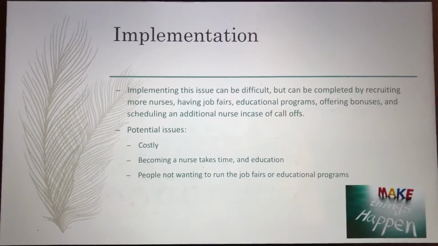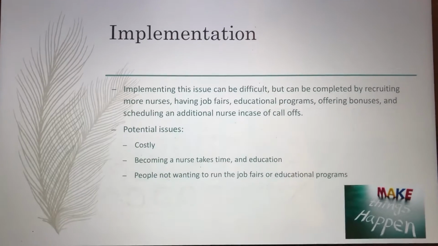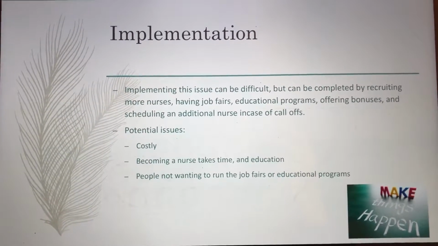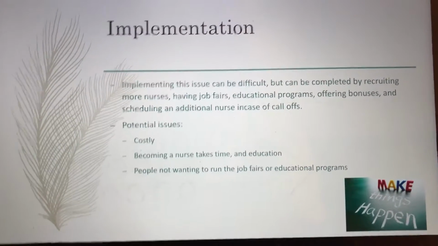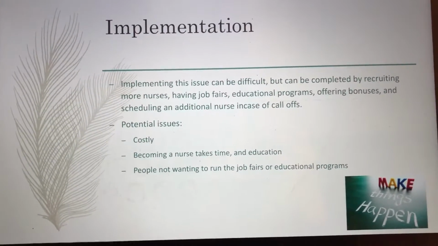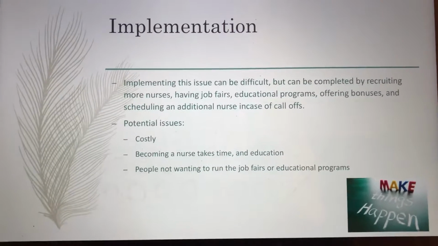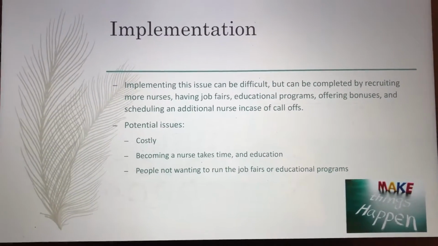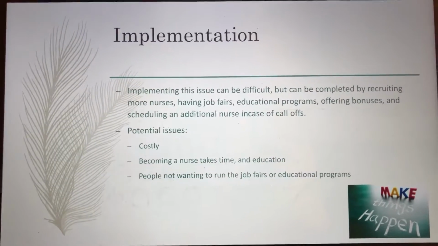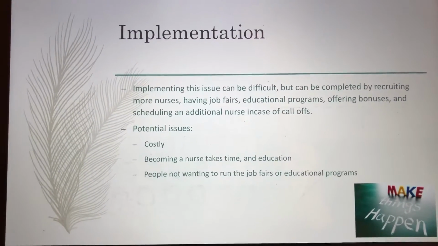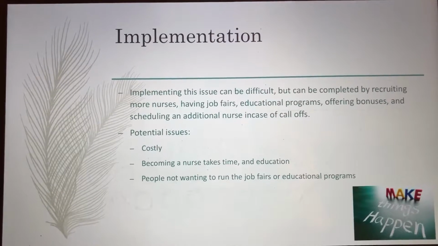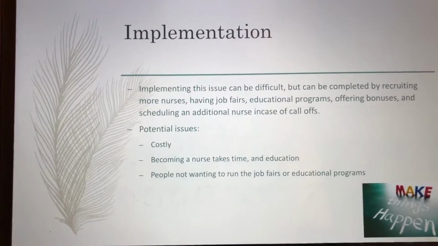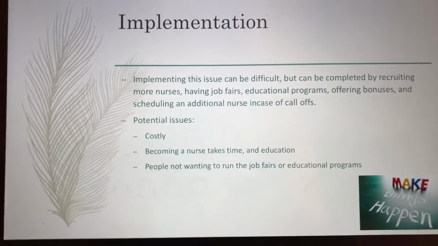So implementing this can be difficult, but I find that we can do that by recruiting more nurses, having job fairs, educational programs about being a nurse, like for high school students, offering bonuses, and scheduling an additional nurse in case of call-offs, which I think is really important because lately on the unit that I've been working on, we've had some call-offs and it makes it really difficult.